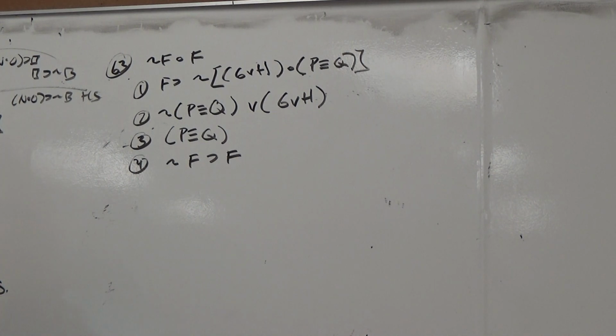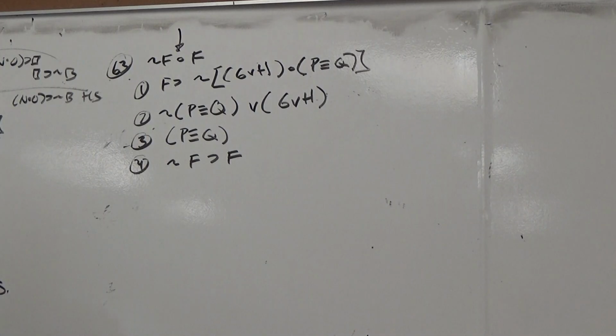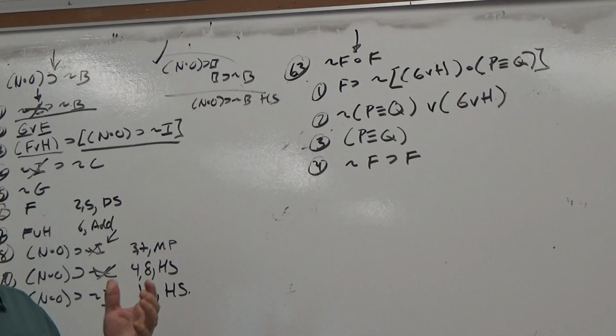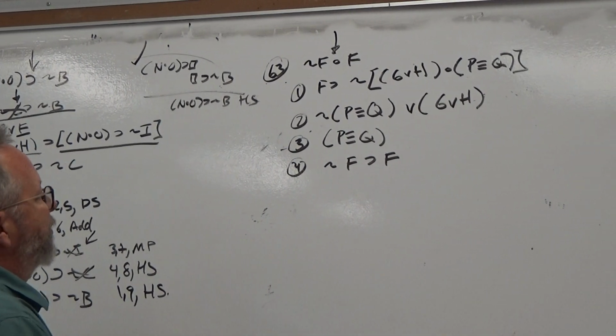Now I don't see not F and F anywhere as a unit, and I don't see its opposite in an antecedent. But since this is a conjunction, I can go get each piece one at a time and then just put them together by conjunction, okay?